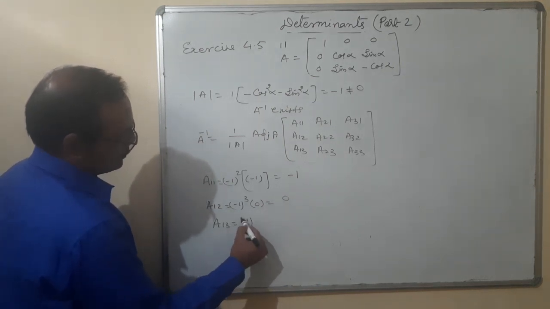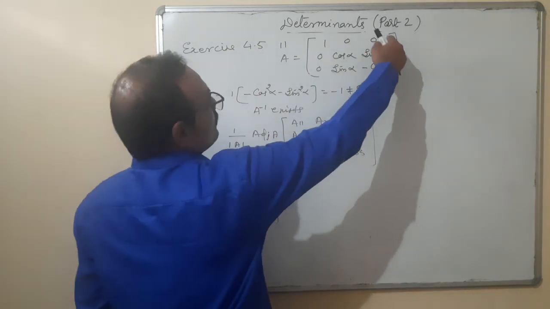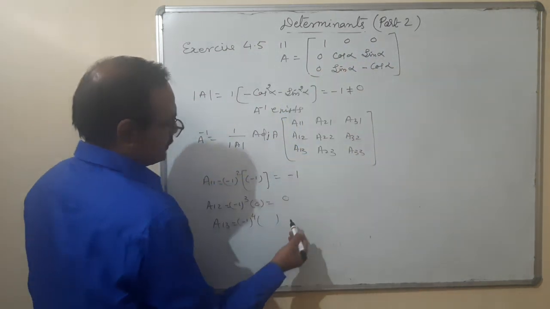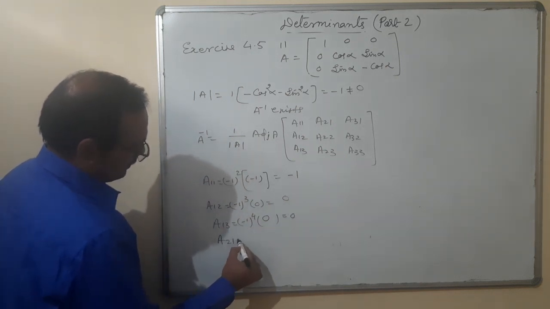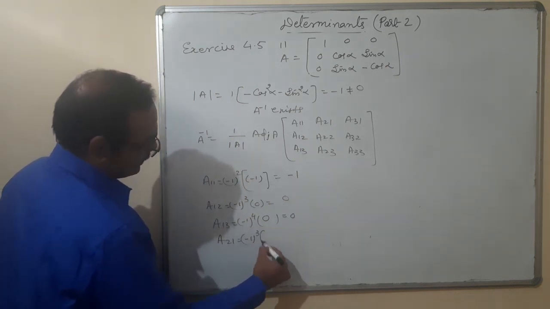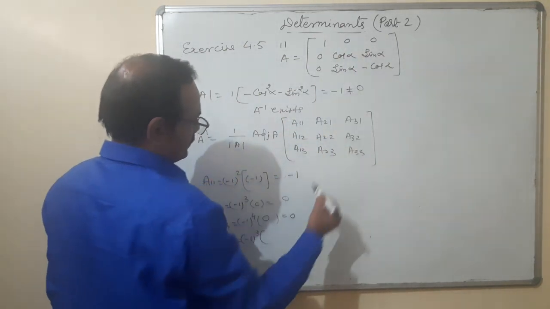A13: minus 1 to the power 4, the result is 0. A21: minus 1 to the power 3, the result is 0.